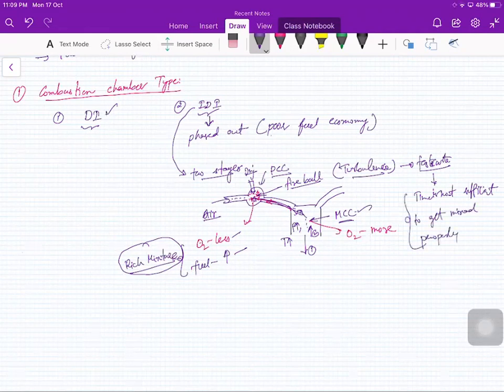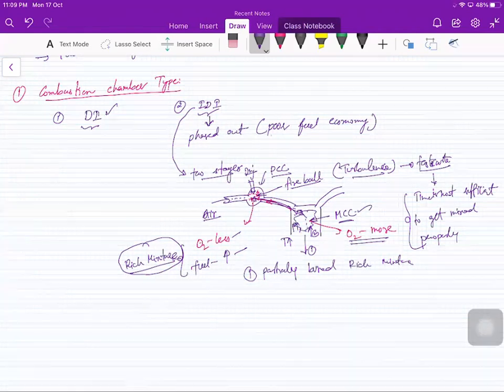Now the partially burned rich fuel mixture will be burnt inside the main combustion chamber, because here we have more oxygen. That is one possible way. The partially burned rich mixture must get combusted in the main combustion chamber, but due to the high turbulence, the mixing is not happening properly.